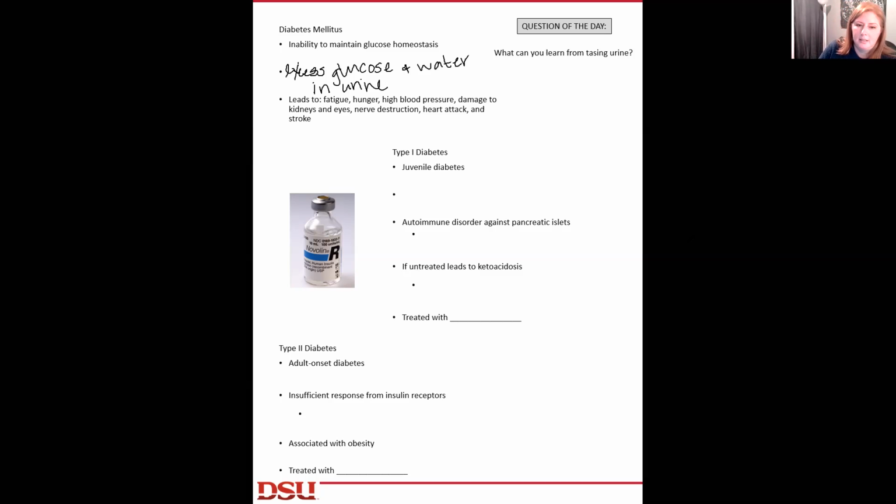Type 1 diabetes is often called juvenile diabetes because it tends to strike children and young adults, okay? And again, this is caused by insufficient insulin produced by those beta cells.